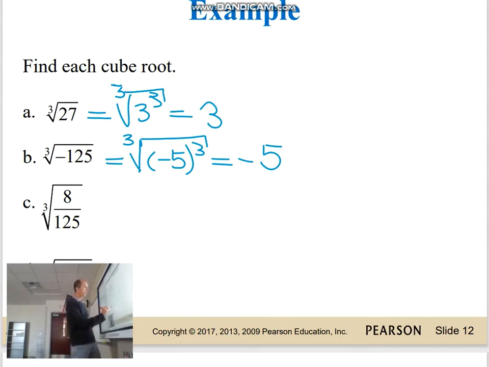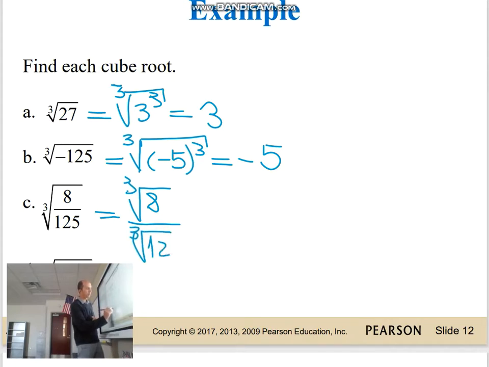Not a problem. Cube root of 8 over 125. We can write as cube root of 8 over cube root of 125. And 8 is 2 cubed, and 125 is 5 cubed. So cube root is 2 over 5.